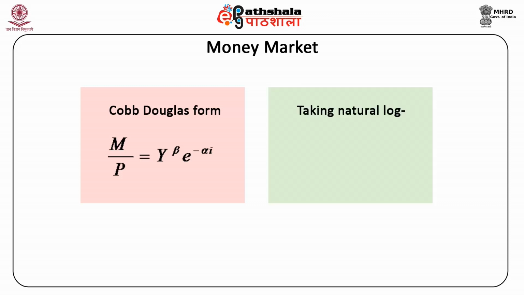Taking the above equation in natural log terms, we get m - p = -alpha i + beta y, where small m is the log of nominal money supply, small p is the log of price level, small y is the log of output or income, and alpha is the semi-elasticity of money demand with respect to interest rate. Note that the interest rate is not in log terms. Beta is the elasticity of money demand with respect to real income.